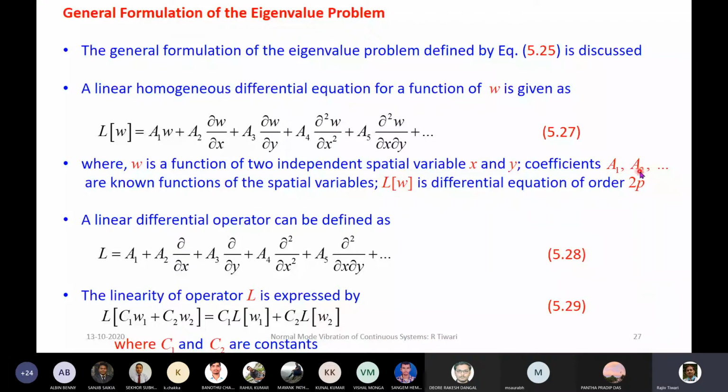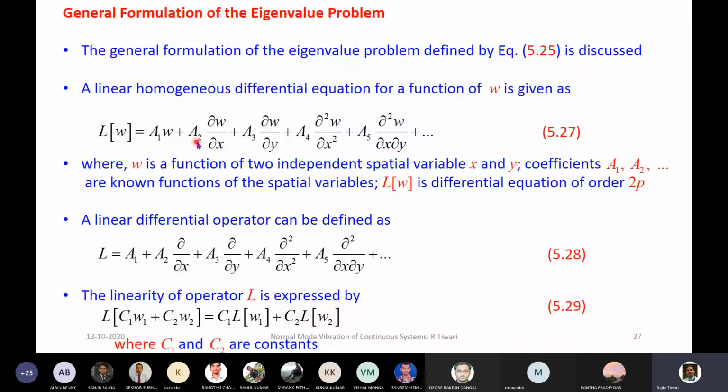These coefficients can be functions of the spatial coordinate. That means depending upon the dimensions, they can be functions of x or xy or xyz. So depending upon the problem, these coefficients can be functions of spatial coordinates.